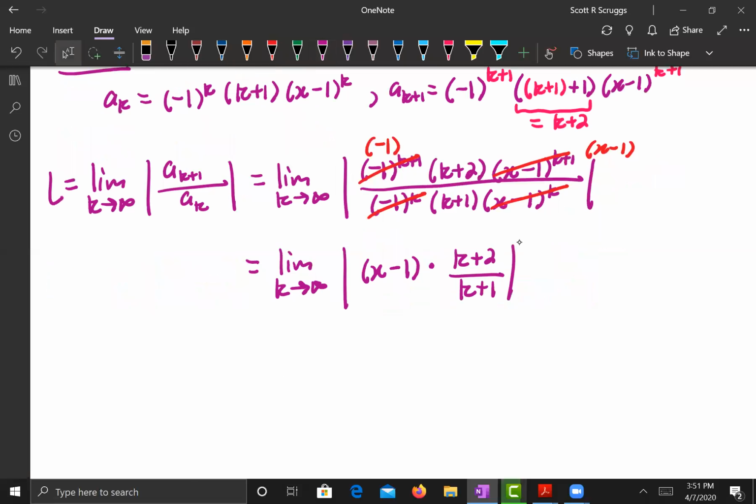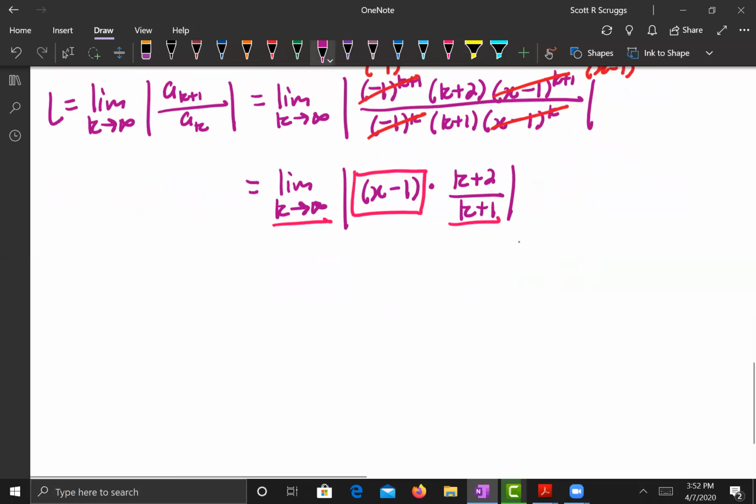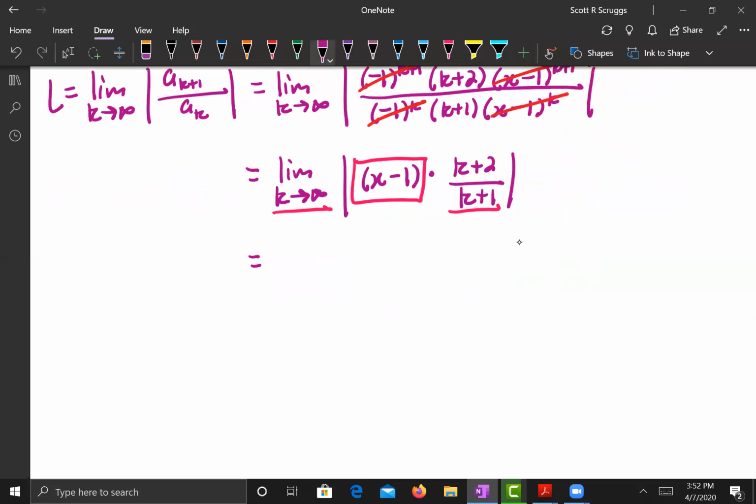Next step that we've done before, I'm taking a limit with respect to k, which means that x minus 1 is a constant. So I'm going to take it outside of the limit, but because of the absolute value, it's going to be the absolute value of x minus 1, because I don't know if it's positive or negative, times the limit as k goes to infinity of absolute value of k plus 2 over k plus 1.